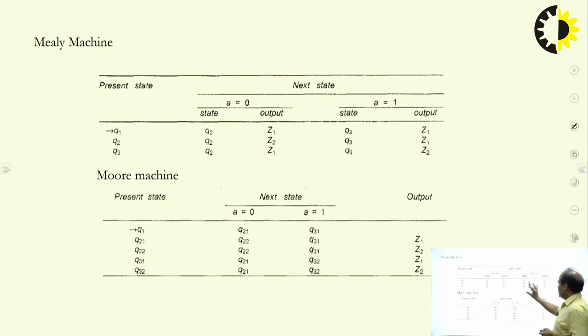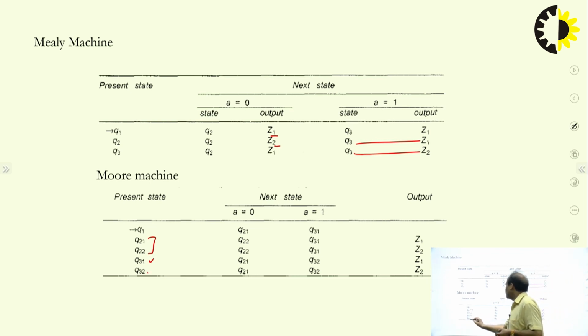After getting this Mealy machine, if you convert it into a Moore machine, look here, Q2 has output Z1 and Q2 has output Z2. That's why Q2 has been divided into two categories, 2.1 and 2.2. Same thing, Q3 has output Z1 and Q3 has output Z2, so Q3 is divided into 3.1 and 3.2.